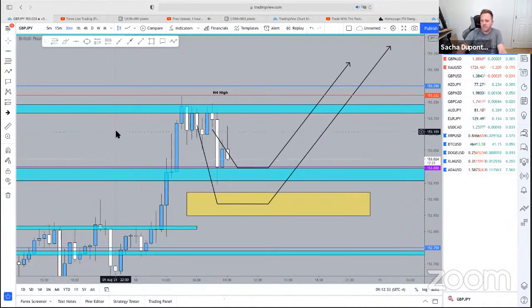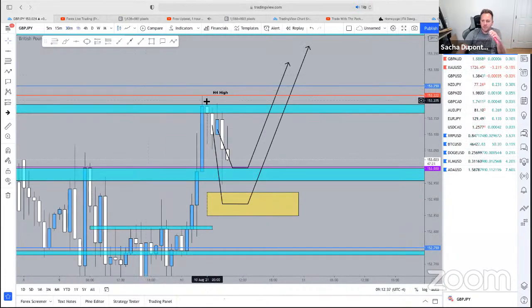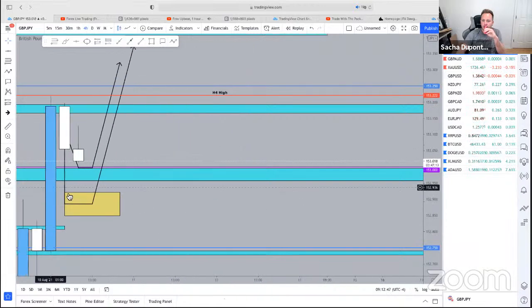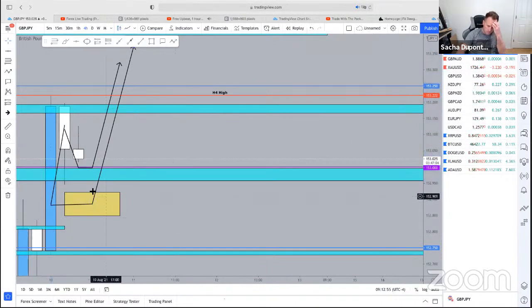But well, it is what it is. Yeah, going against the H1 bearish can be rough, man. Trying to see this wick.